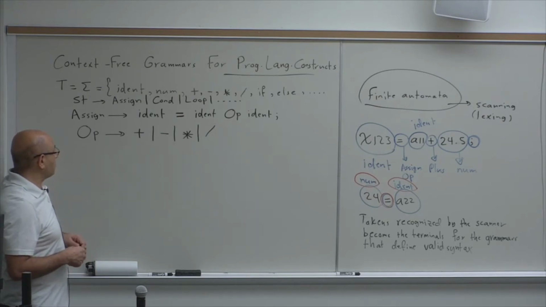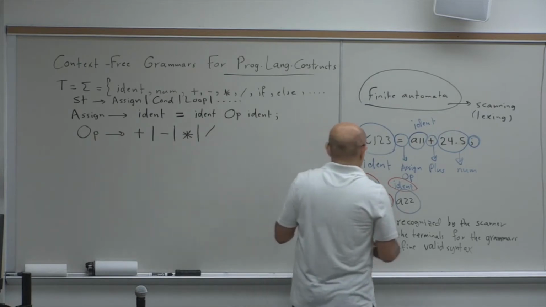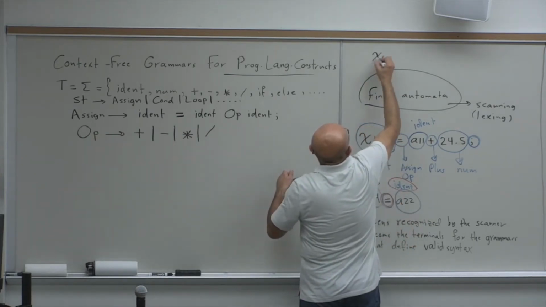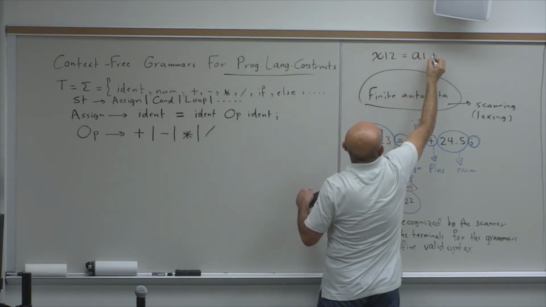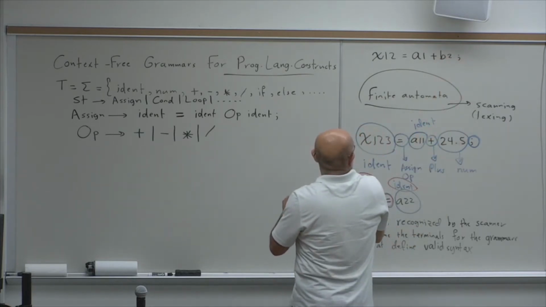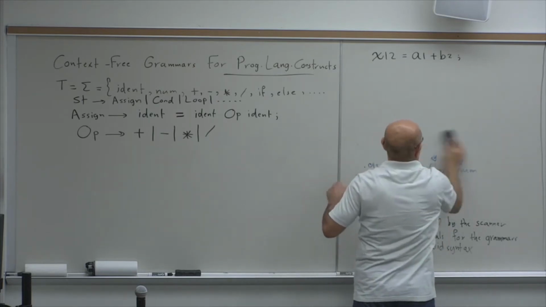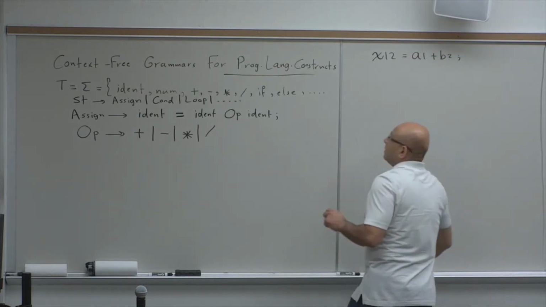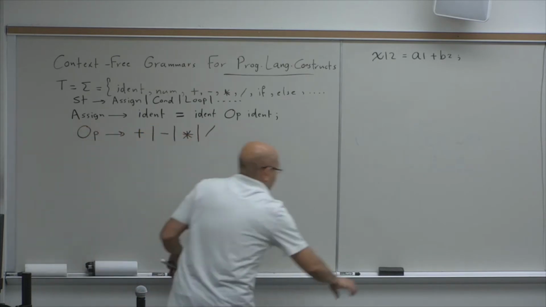Now, let's do a derivation for, let's say, this: x12 equals a1 plus b2. So the derivation for this, let's have assignment as our start variable.